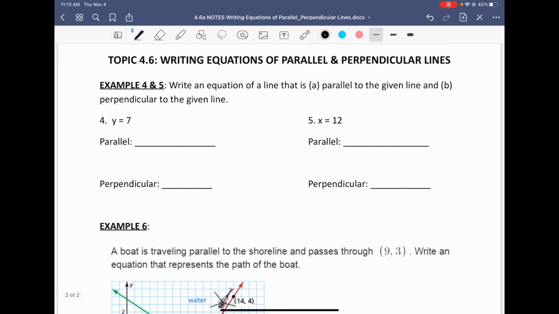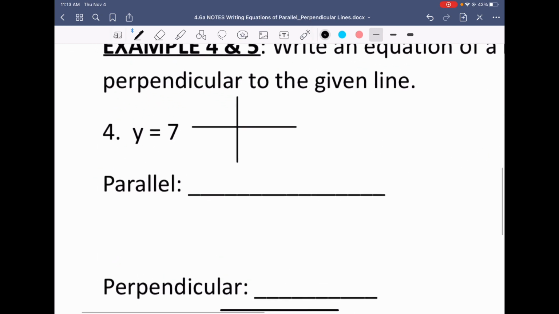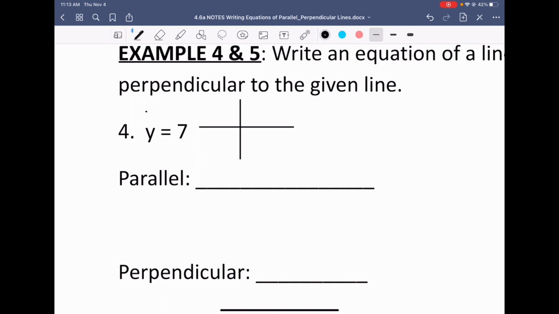All right, write an equation of a line that is A, parallel to the given line, and B, perpendicular to the given line. Okay, number 4 says y equals 7. So if we draw our own little coordinate plane right there, if it's ever y equals a number, it's going to be a horizontal line.